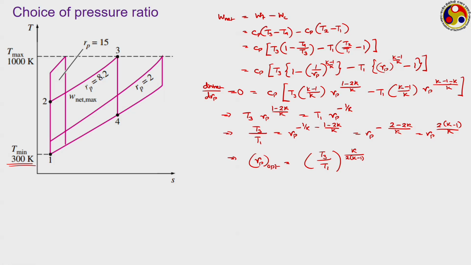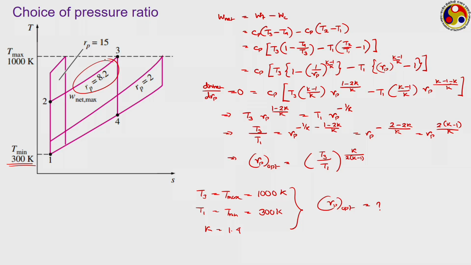Like the example shown here, you can try to find out, say, when we have T3, which is T max, equal to 1000 Kelvin, T1, which is T min, equal to 300 Kelvin, and k equal to 1.4, which is the common value for air, then your optimum Rp will come quite close to the value of 8.2.